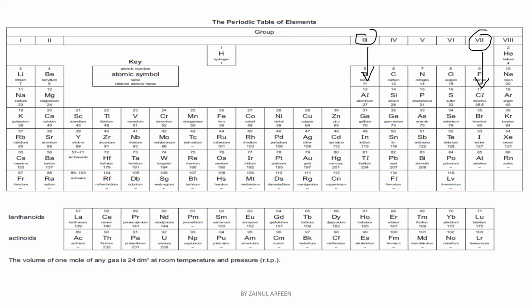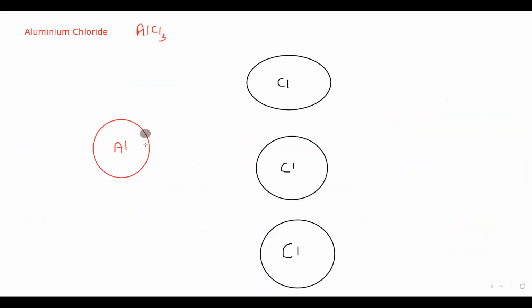So aluminium will have 3 electrons. These are the electrons of aluminium. And if for one you are using a dot, for the other you should use a cross. This is also known as a dot and cross diagram. Each chlorine has 7 electrons.